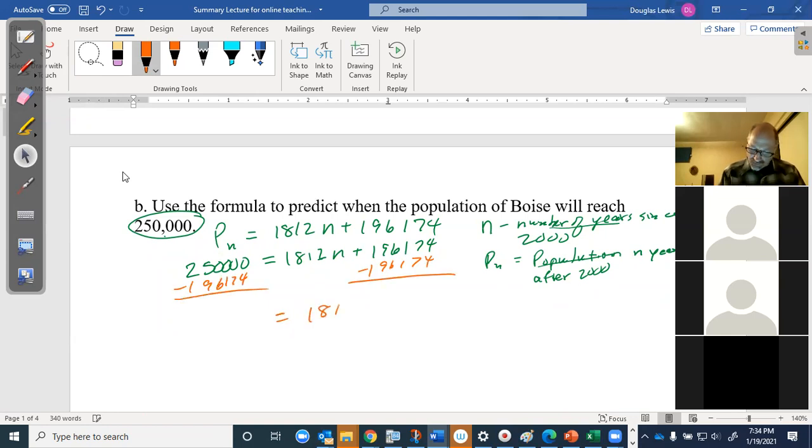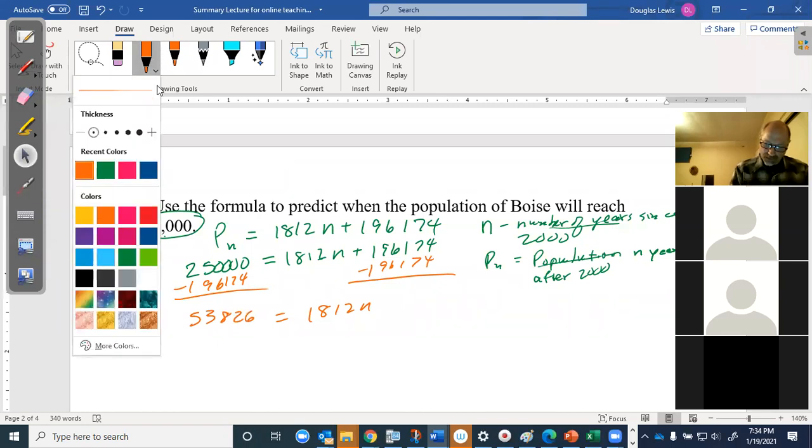And we get 1812n equals 250,000 minus 196,174, which is 53,826.